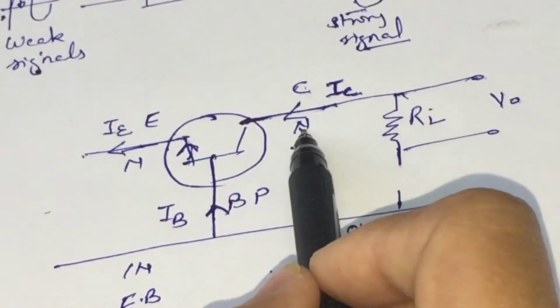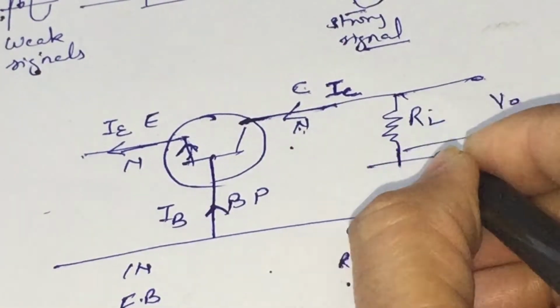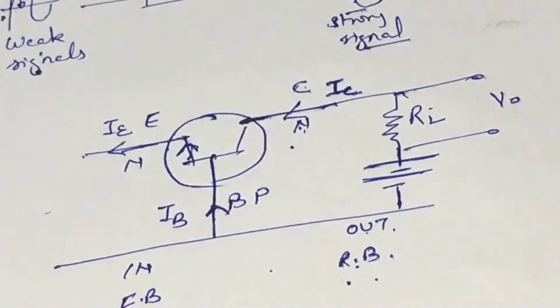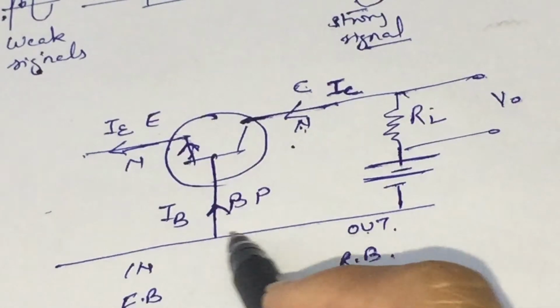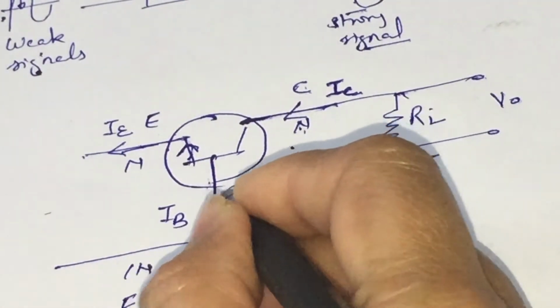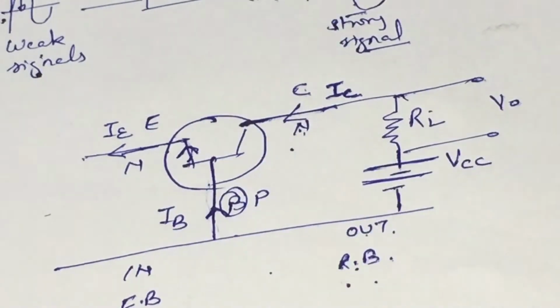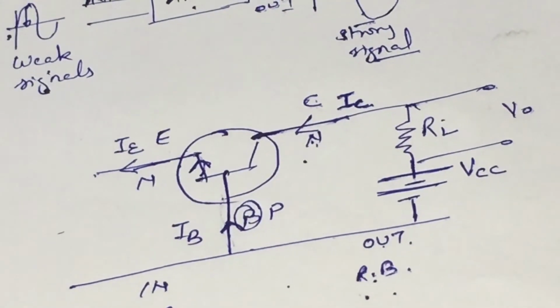As the collector terminal is N-type, the positive terminal of the battery is connected to the collector, and the negative terminal of the battery is connected to the base terminal. Let us consider this DC source as our VCC.